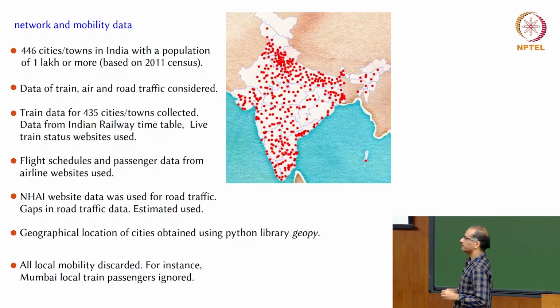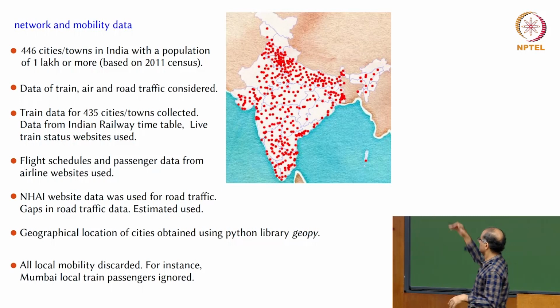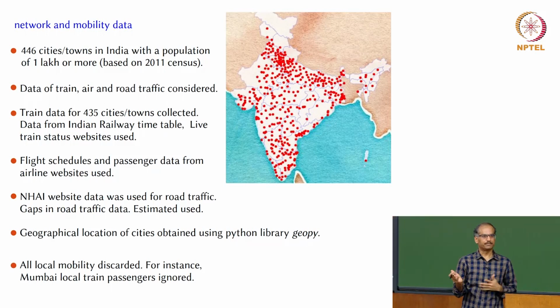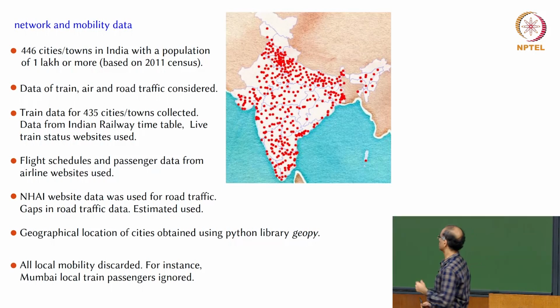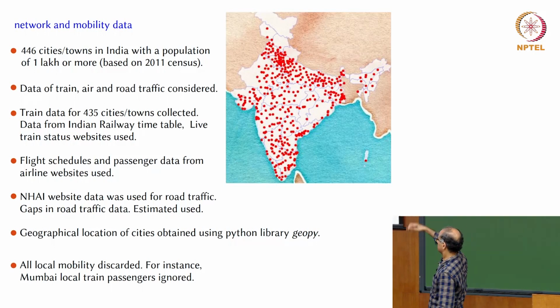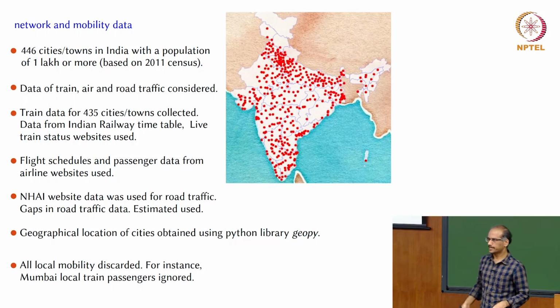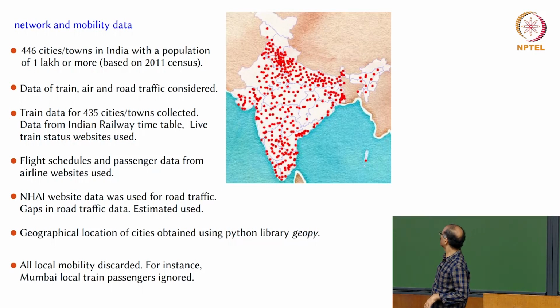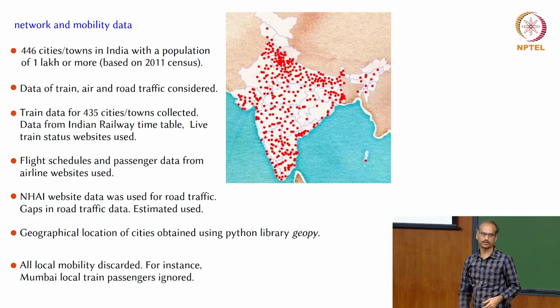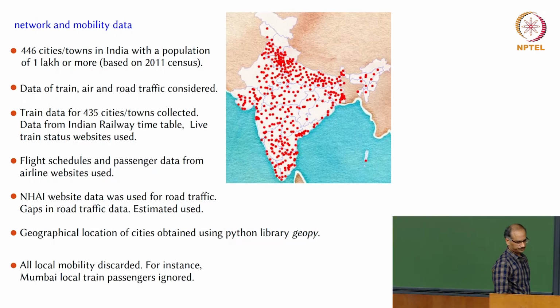For train, the 446 cities boil down to 435, because some cities like Hyderabad and Secunderabad are treated as the same, and so on. There are many different sources from which the data is taken, as you see here, and these red dots on the map are those 446 cities.